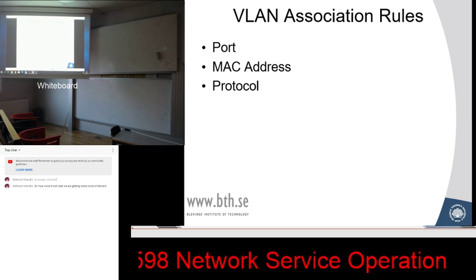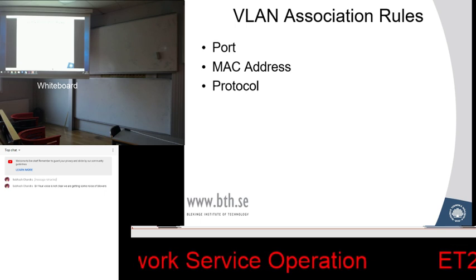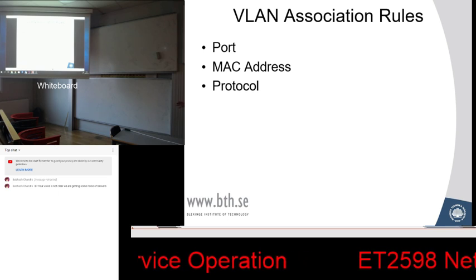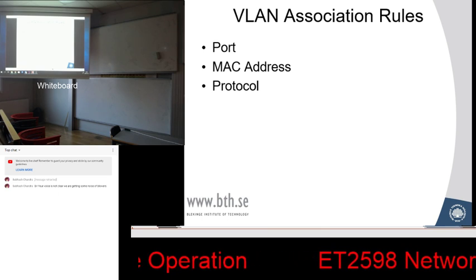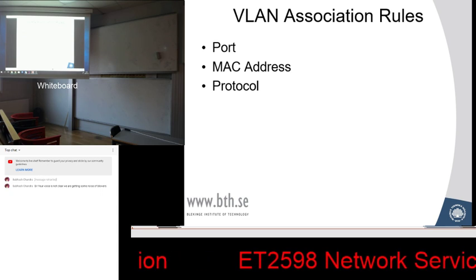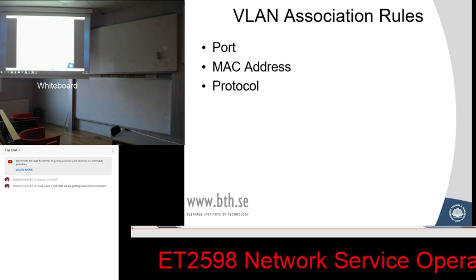It could be based on the MAC address: when the packet arrives, if this is the source or the destination, it belongs to that VLAN. Or it could be based on protocol: it's TCP, so we tag all TCP packets with this VLAN.